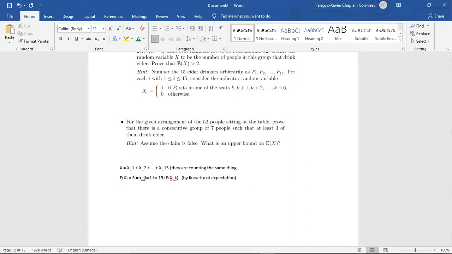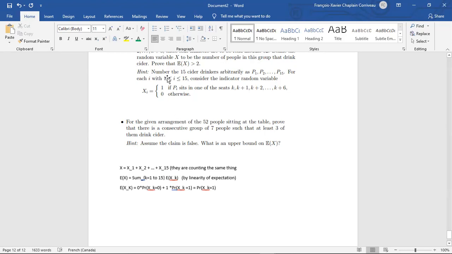And what else? Okay, so we work on these indicator variables. The expected value of an indicator variable, again, is 0 times the probability that xk is equal to 0, plus 1 times the probability that xk is equal to 1, which is just the probability that xk is equal to 1.